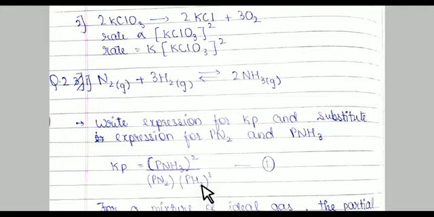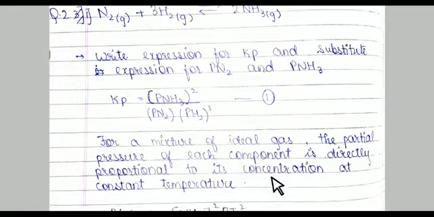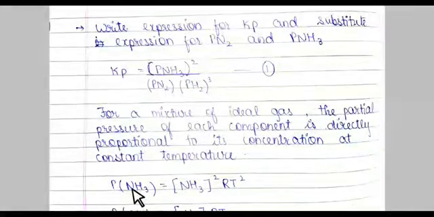Always remember, students, for a mixture of ideal gases, the partial pressure of each component is directly proportional to its concentration at constant temperature. So the partial pressure of ammonia is directly proportional to its concentration. What is the formula?